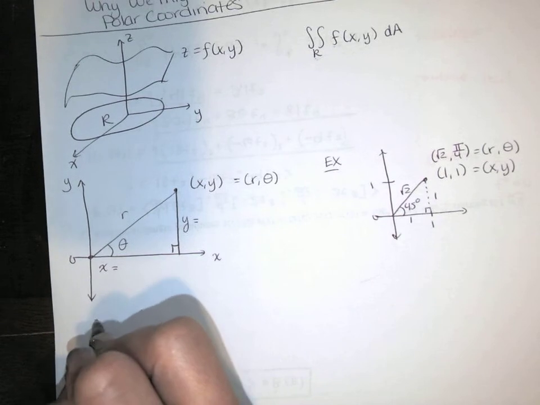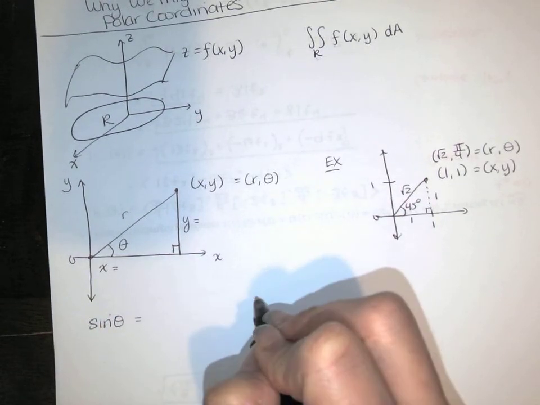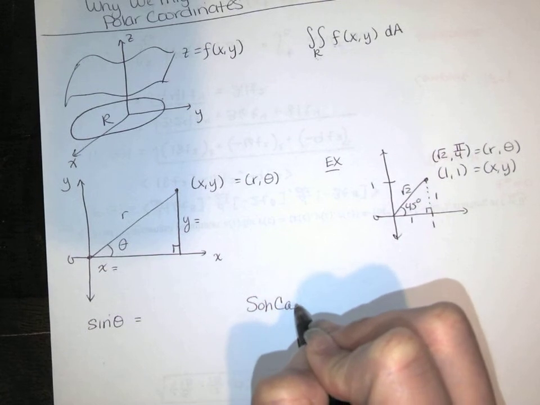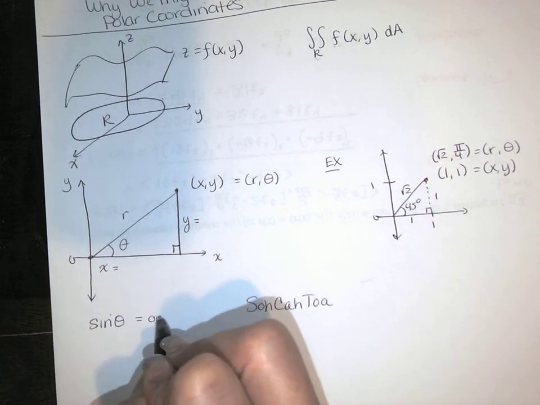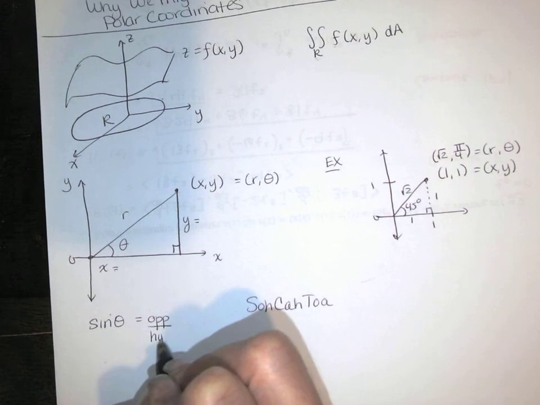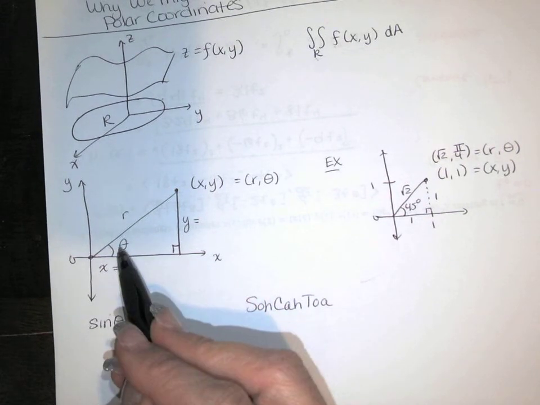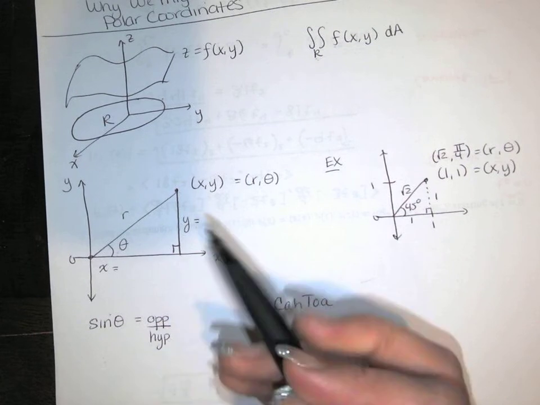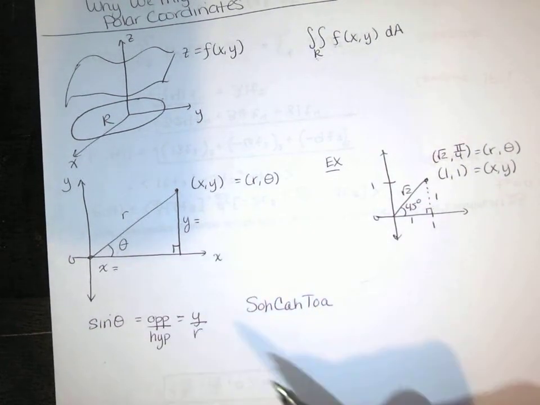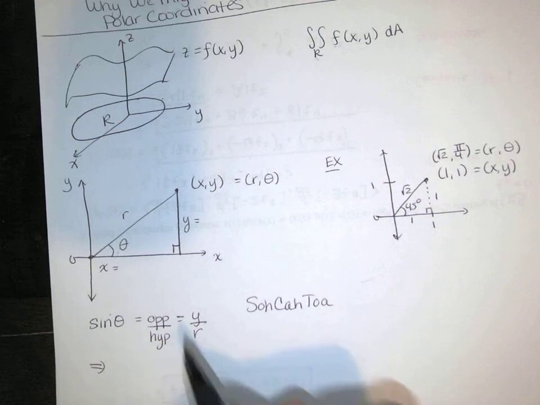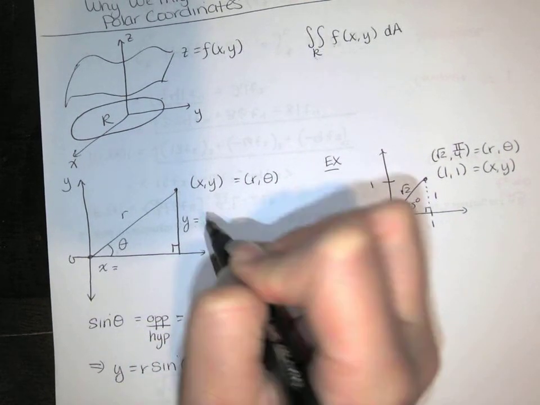We know that sine of theta, from right triangle trig and from our mnemonic SOHCAHTOA, is opposite over hypotenuse. And in this triangle, the side opposite theta is y, and the hypotenuse has length r. So I can solve for y by multiplying both sides by r, and I get y equals r sine of theta.